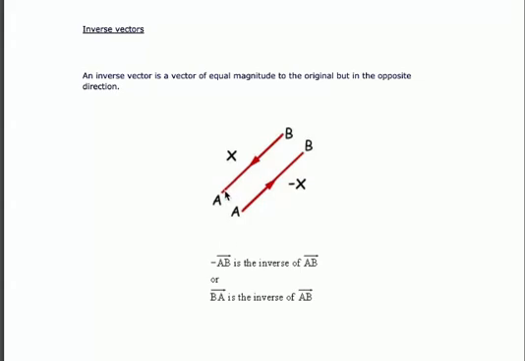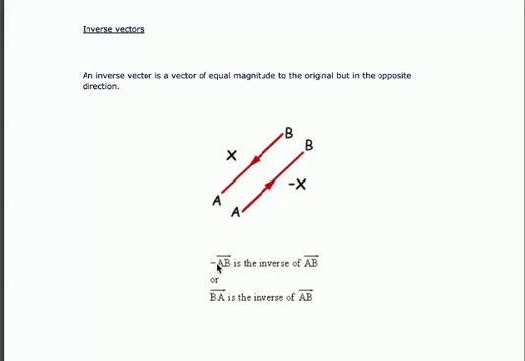The magnitude of the first one is x, and the magnitude of the second one is negative x, since it's pointing in the direction opposite the first one. These are referred to as inverse vectors.